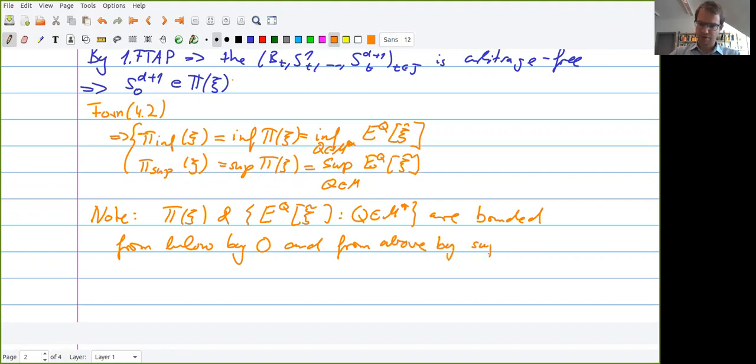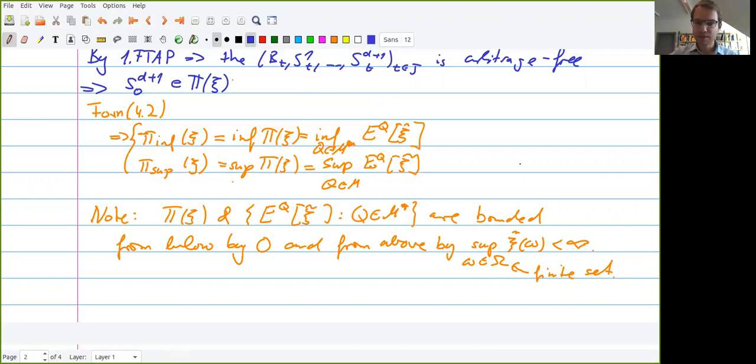Yes, we have a finite probability space, so just take the supremum of the discounted claim here, which is finite, as we have a finite space. So this is a finite set. So this completes our proof.